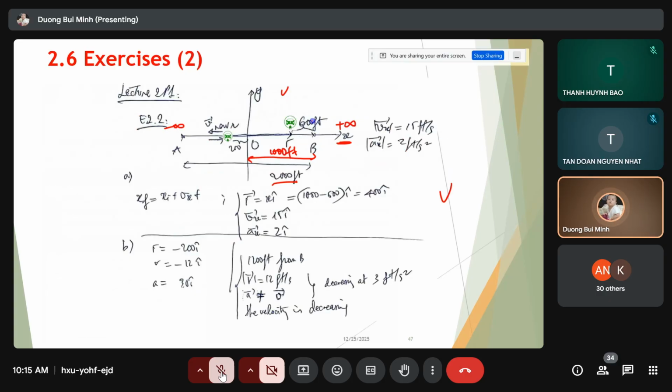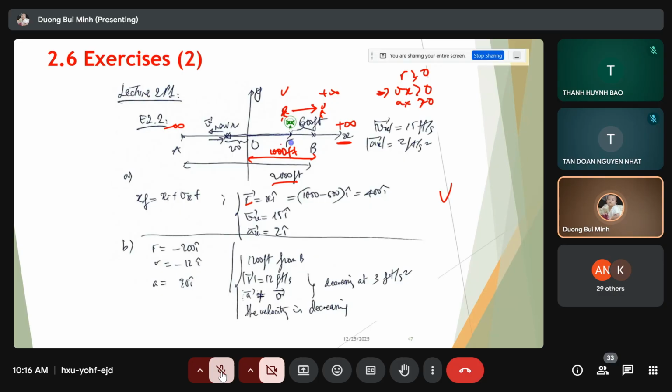The car is here and after some time moves toward B. If we follow this positive direction, you can make sure vx is positive. ax may be constant, but it is positive also, so we can determine them.